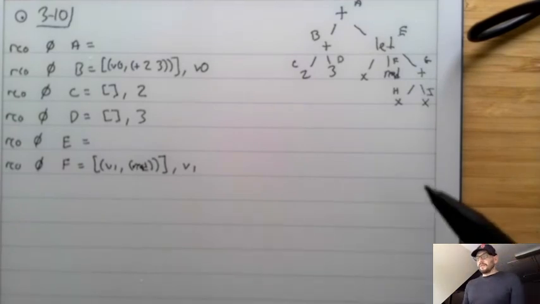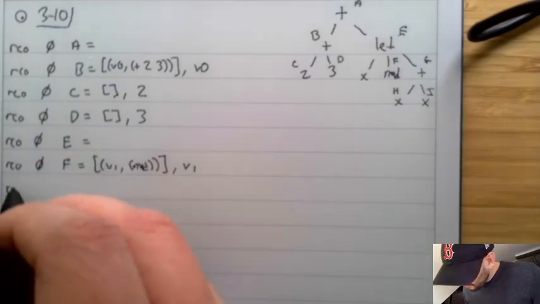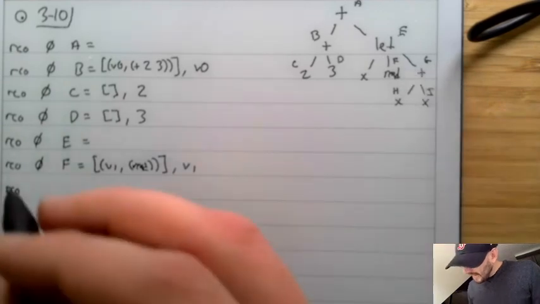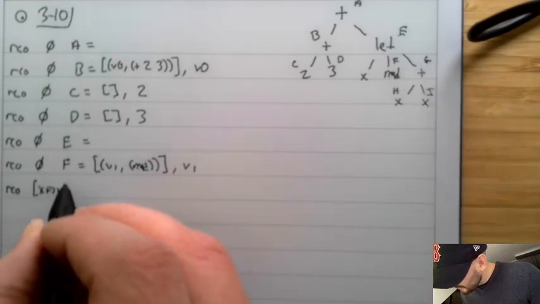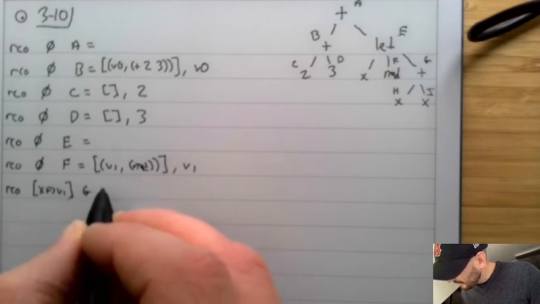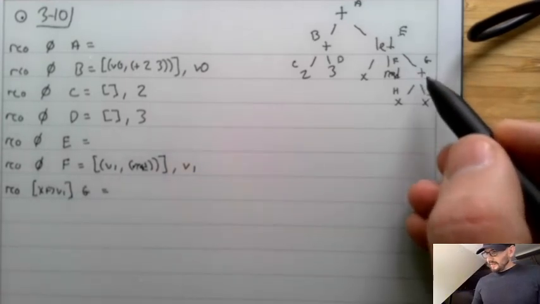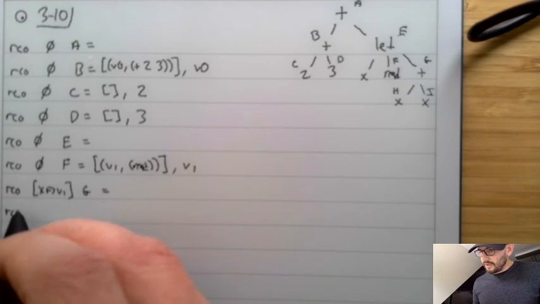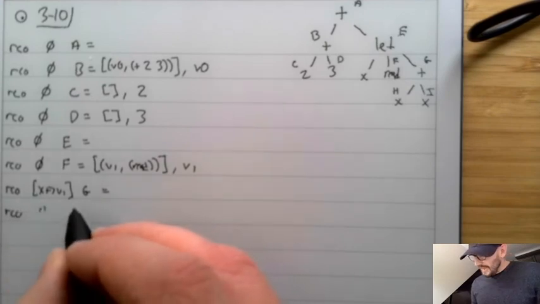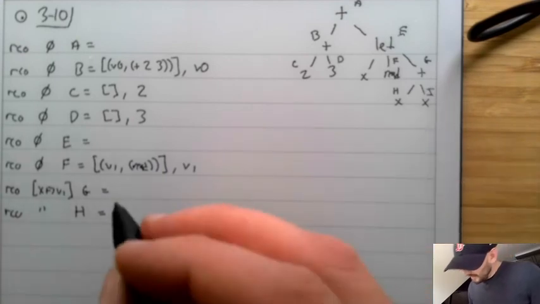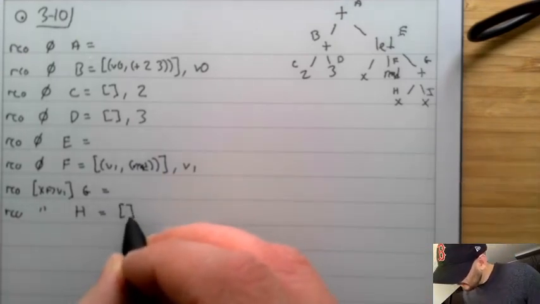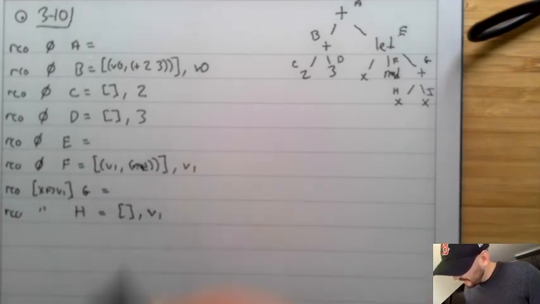Well, now it's going to call RCO on G, but it's going to have a mapping that says that X goes to V1. And we're going to call that on G. And that right there is a plus, so we're going to call RCO on the same thing and H, and that's an X right there. So we're going to get an empty list, and we're going to get V1.